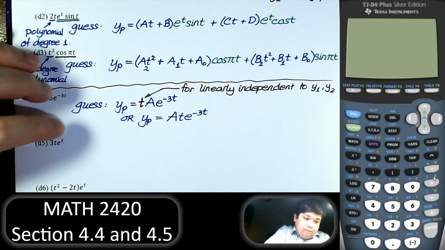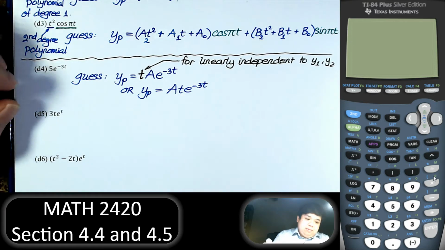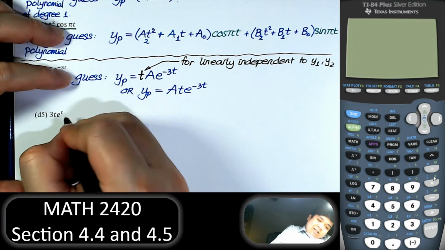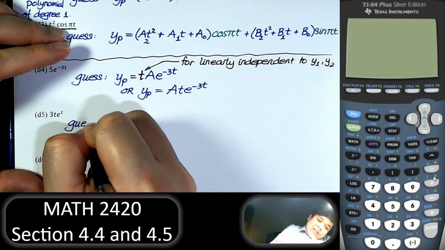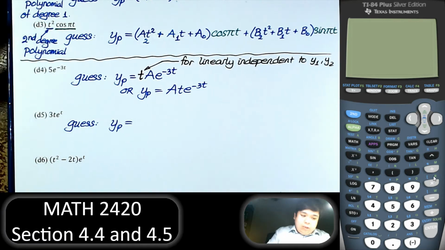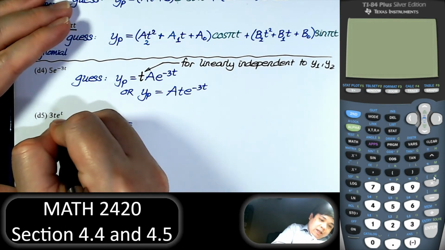Right. Next, let's guess in this form. It has e to the t. It has e to the t here.